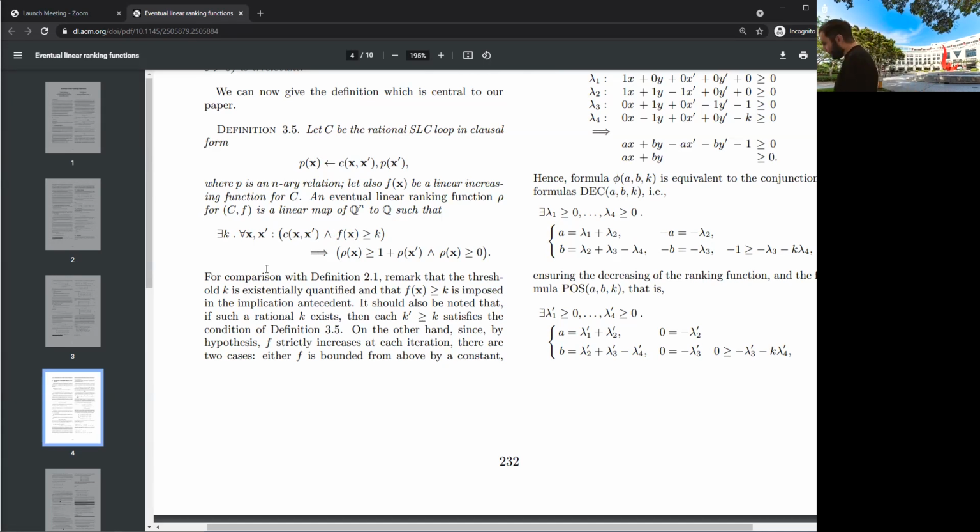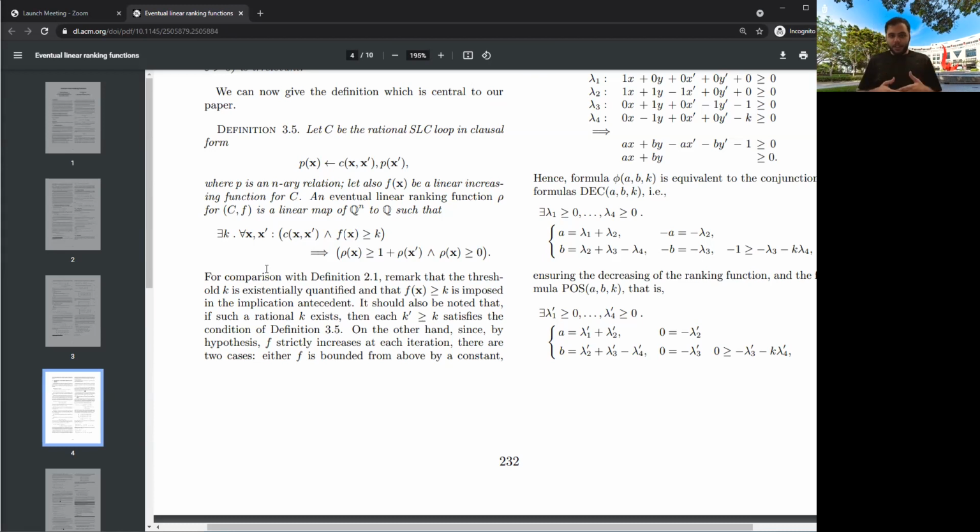Now, why does this work? Quite simply, you have two cases. The first case is if you just keep running your loop and the value of f keeps increasing, right?